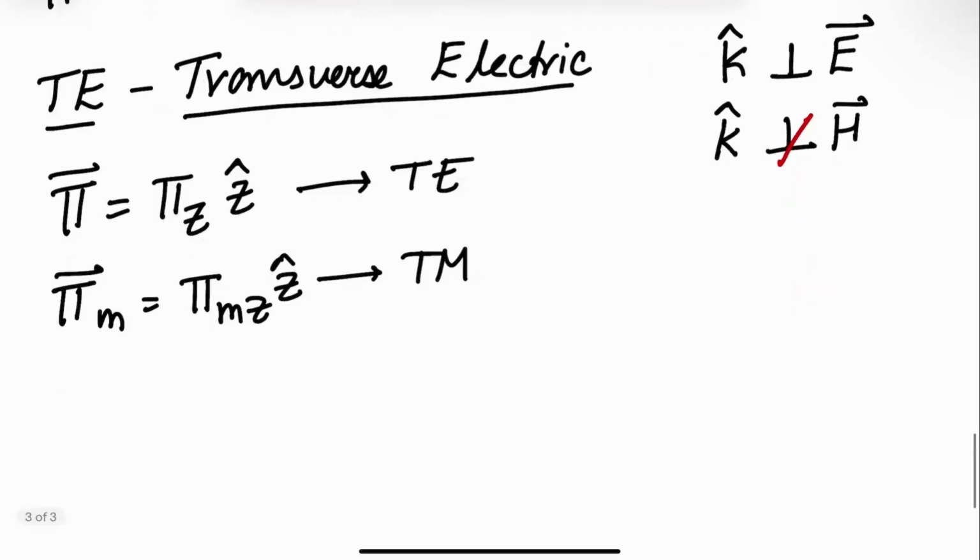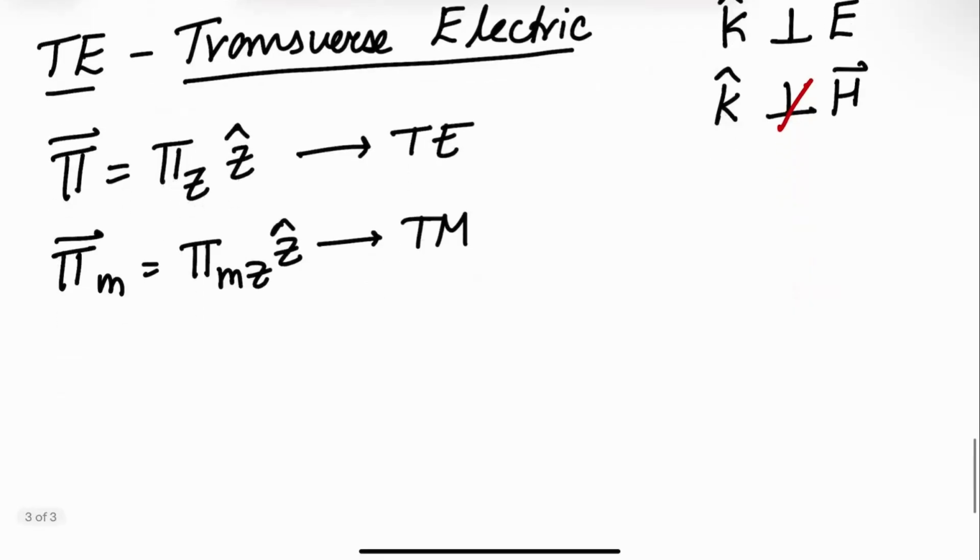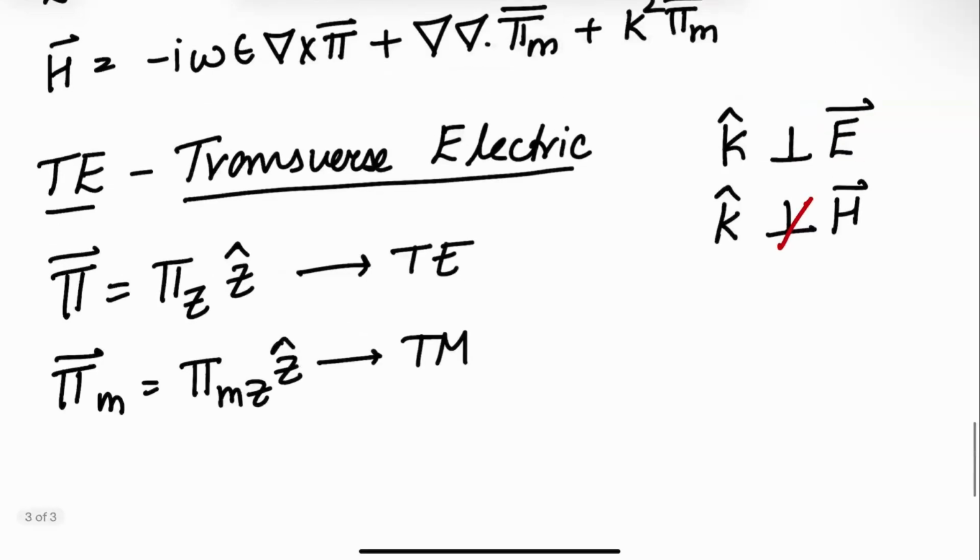We'll assume we know that, and we'll show that if I take pi to be this form, I get this TE and TM solution. Of course, you can also try other kinds of pi. You don't have to rely on just these, but we'll see that setting pi to be pi z along z hat or pi m to be pi mz along z hat will essentially give us what we want. So that's kind of a known thing. We haven't really proven it, but we'll see that that is indeed the case.